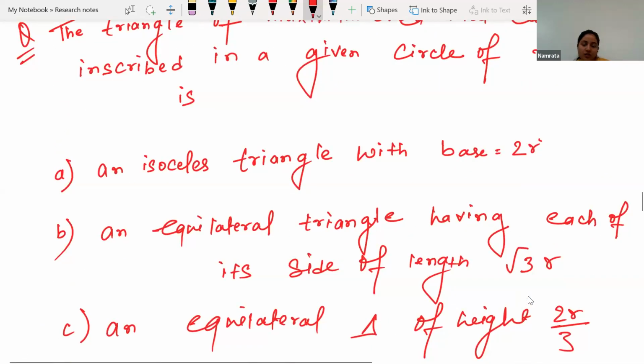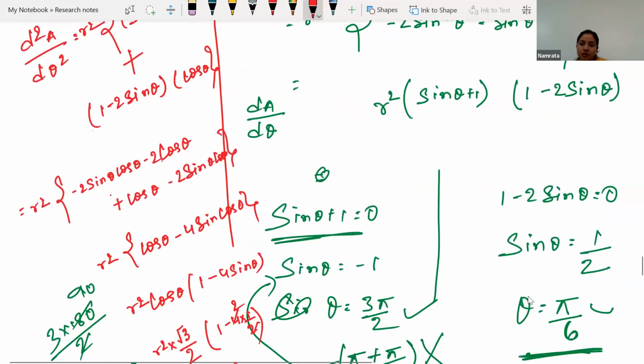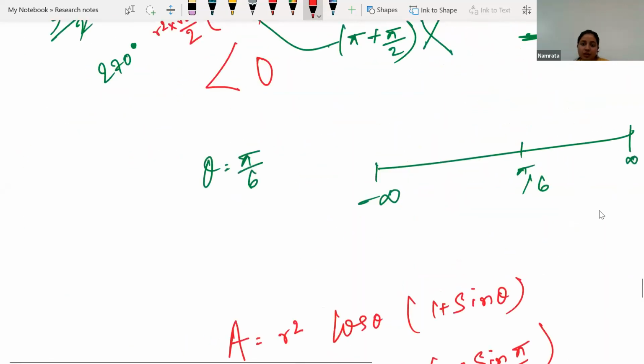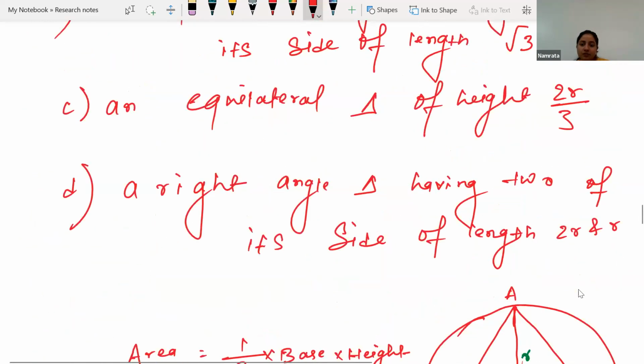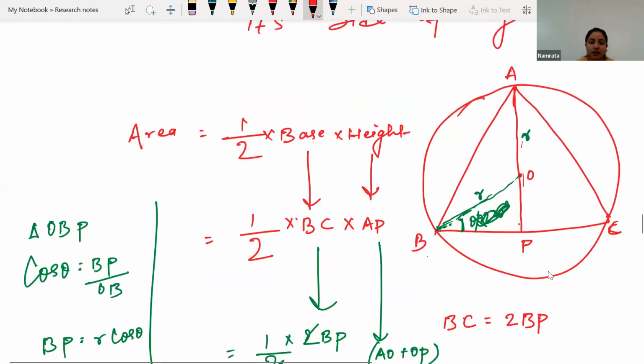It's an isosceles triangle with base 2R. No. It's an equilateral triangle with each side root 3R. Side we have got root 3R, one of the sides we have got root 3R. Next option, equilateral triangle: height 2R by 3 we have got.